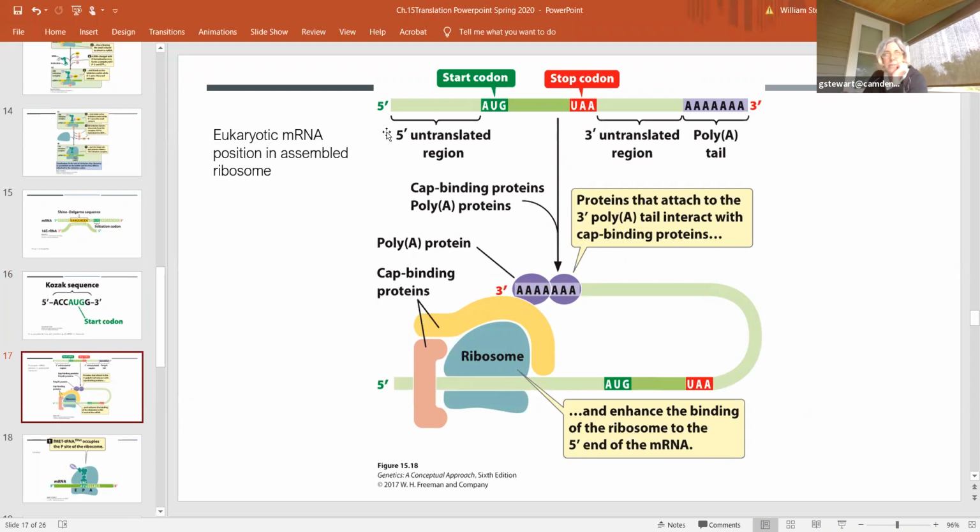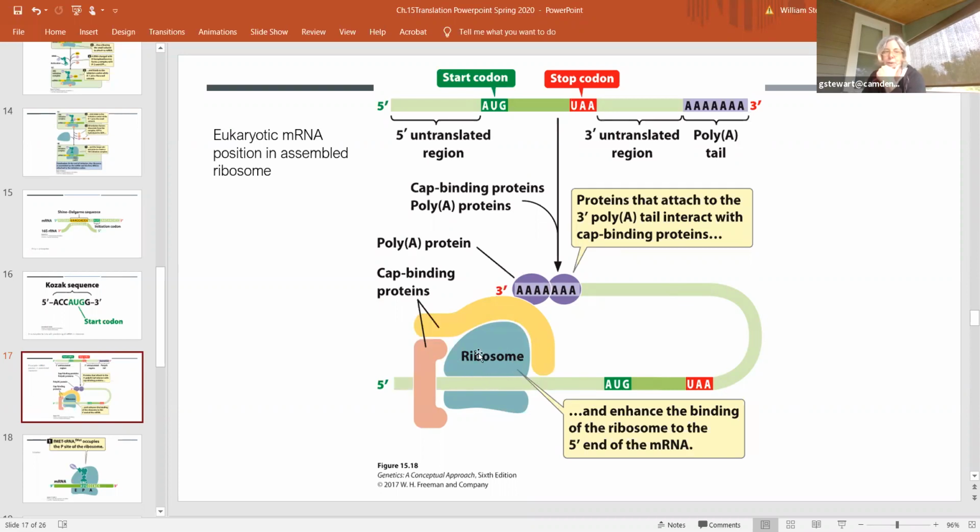Other parts of the post-transcriptional modifications that we talked about last time, including the 5' cap, a protein that binds to that called the cap binding proteins, or CBP for short, and you can see there's 2 of them here, as well as the poly A tail, are all involved in helping to align the message in the right spot in the ribosome and to stabilize the ribosome.